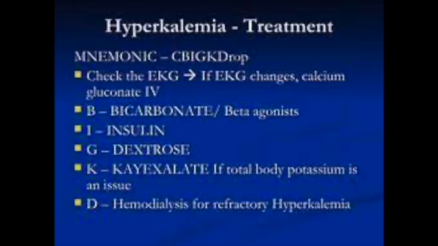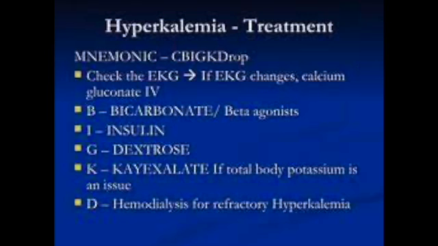So how it's remembered is C, a big K drop. So C, BIG, KD. C, calcium gluconate, which stabilizes the membranes, brings its threshold potential more positive, so it's closer to the pathologic K+ increase. Next, bicarb and beta-2s, short-acting beta agonists. So beta blockers will increase potassium, especially the non-selective ones.